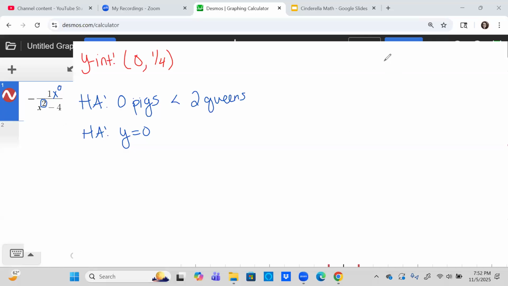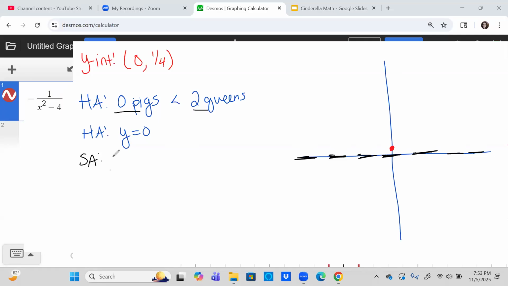Let's go ahead and start the graph here. So we can put on that y-intercept of 1/4 and a horizontal asymptote right through the middle, dashed, horizontally. Okay, now those are the only 2 things I do before factoring. We will not have a slant because a slant will only happen if there's one more pig than queen. So if you have a spot for a slant, go ahead and write none.